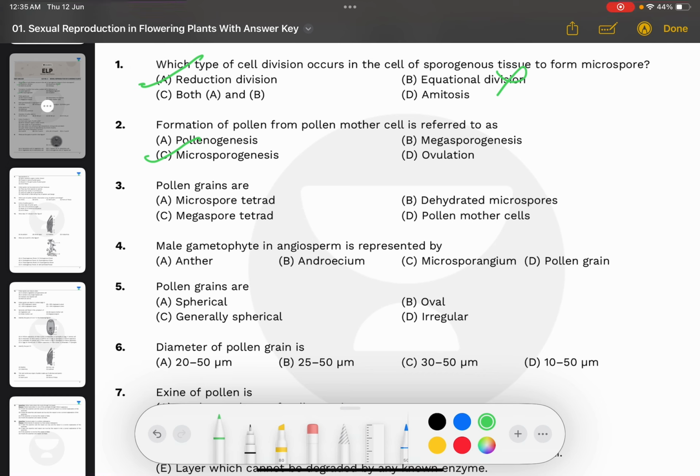Now let's talk about the pollen grain: tetrad, microspore tetrad, dehydrated microspore, pollen mother cell, megaspore. So that's the answer, microspore tetrad. See, dehydrated microspore is not the pollen grain. Okay, you should know. This is a very basic thing. Let me confirm also.